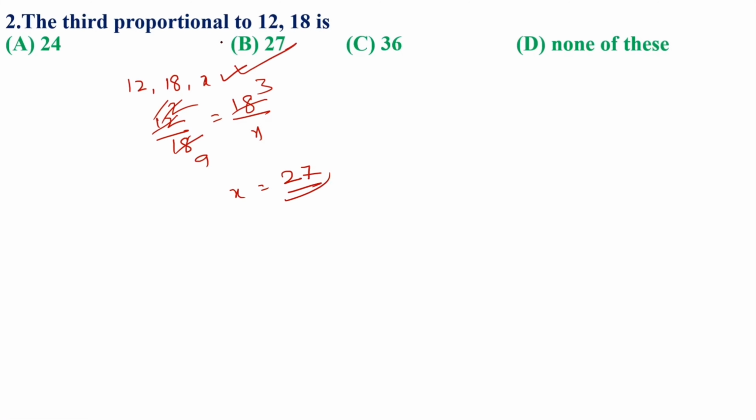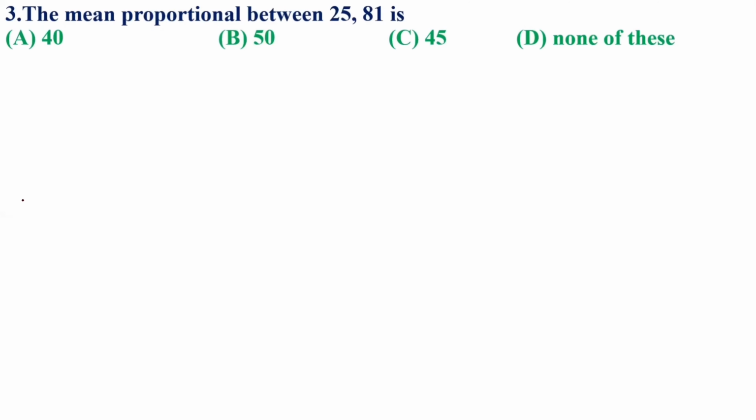So option B. This one, mean proportional of 25 and 81. Mean proportional means square root of 25 into 81. What is the value of square root of 25 into 81? 25 ones are 25, 25 8s are 200, so 2025.